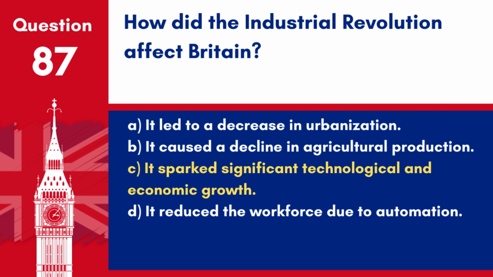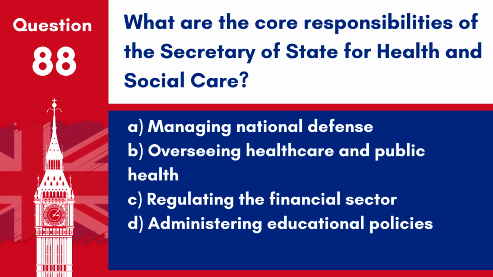Answer. C. It sparked significant technological and economic growth. The Industrial Revolution, starting in the late 18th century, transformed Britain into the world's foremost economic power through advances in technology and production methods.